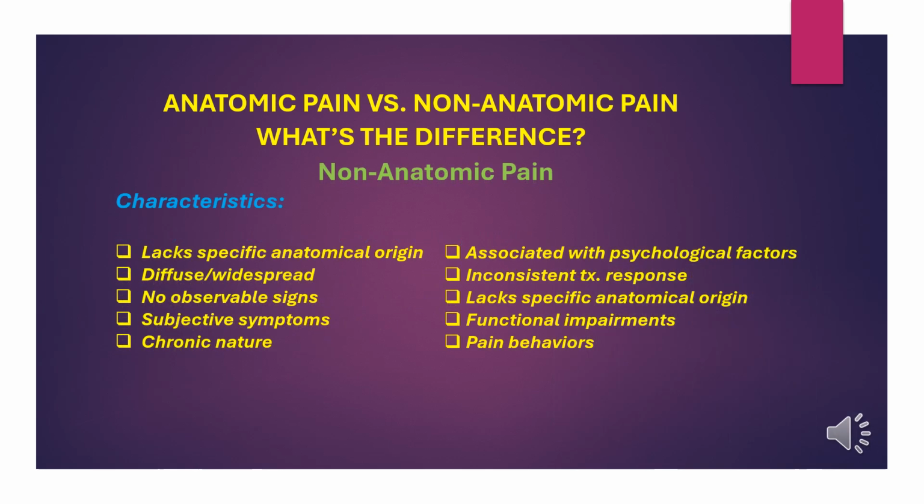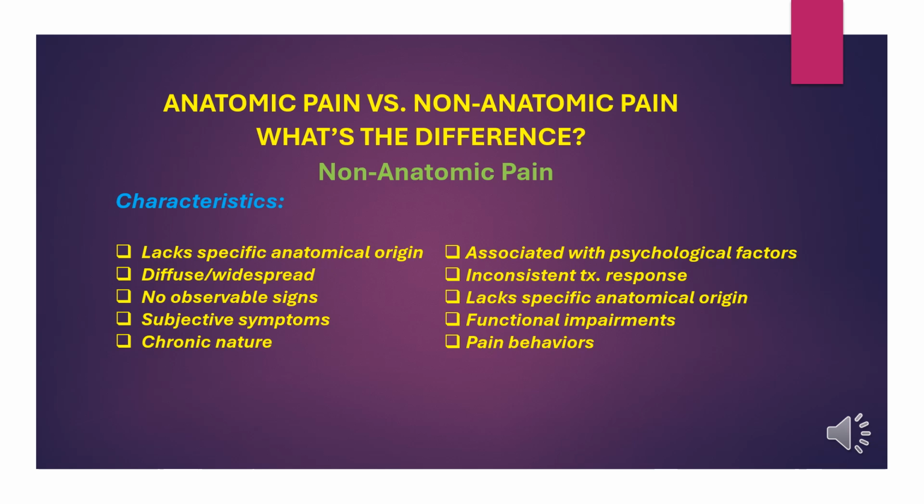Now, discussing the characteristics of non-anatomic pain, first of all, it lacks a specific anatomical origin. Non-anatomic pain cannot be traced to a specific anatomical structure or injury. It's also diffuse and widespread. Pain is often diffuse, affecting multiple areas of the body and can change locations.